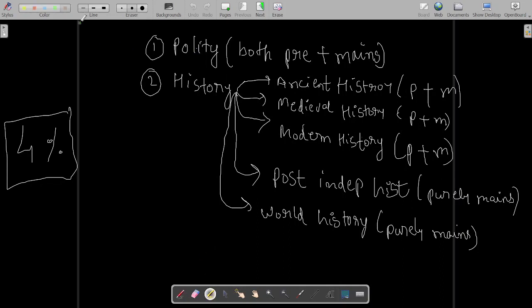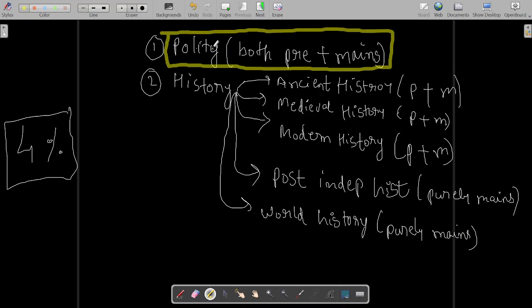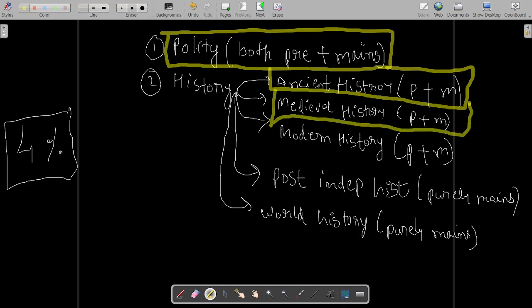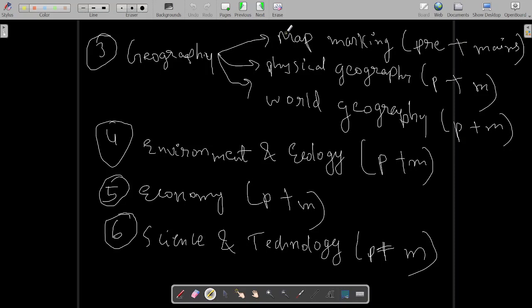If you want to qualify prelims, then you must have a good hold over the ones which I am marking with yellow color. Those are required for clearing prelims. These three are required for clearing prelims.